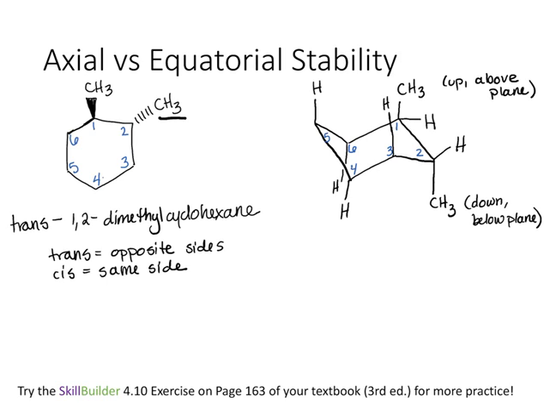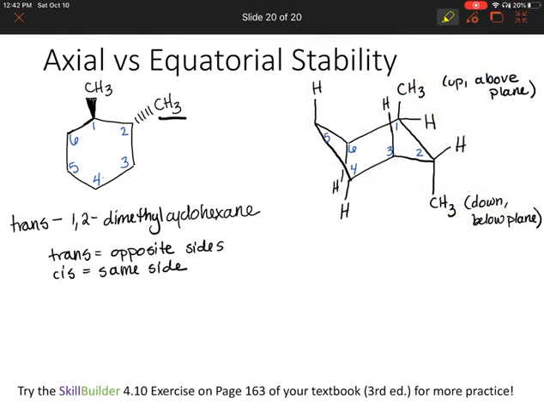So this is actually not very stable because this methyl group on the top is really close to the hydrogens that are also pointing up on every other carbon. And the methyl group on the bottom is also really close to the hydrogens down below.